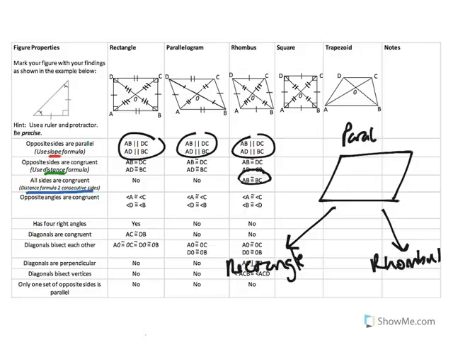Sorry, I didn't label this. And then a square could be a type of rhombus. So, therefore, we can say that all squares are parallelograms, but we can't say that all parallelograms are squares. It's kind of like the 9th and 10th grade analogy that Miss G was going over in class.